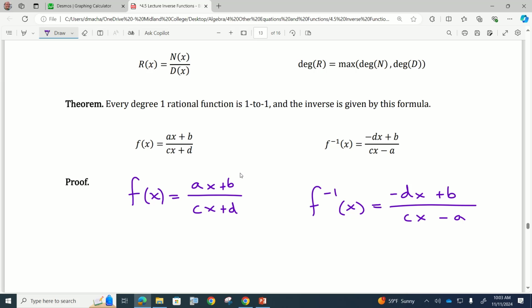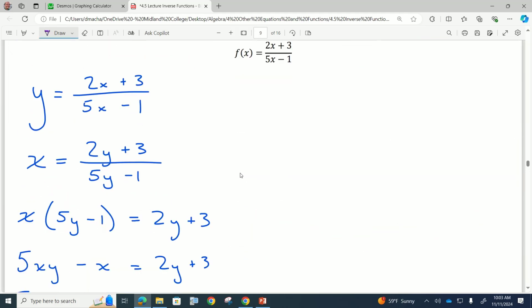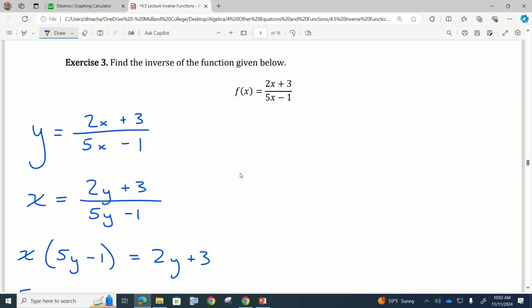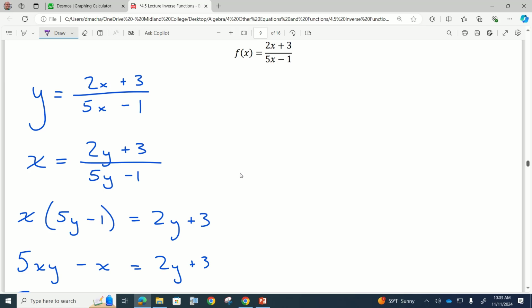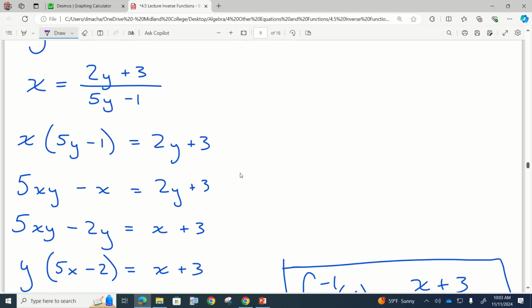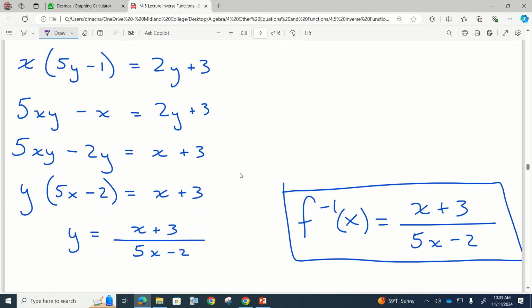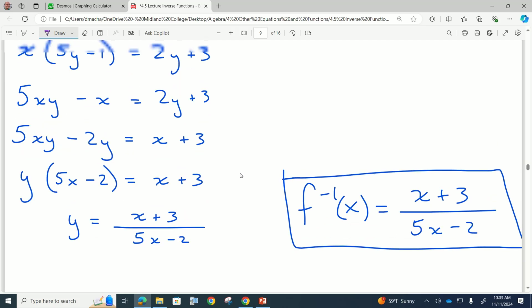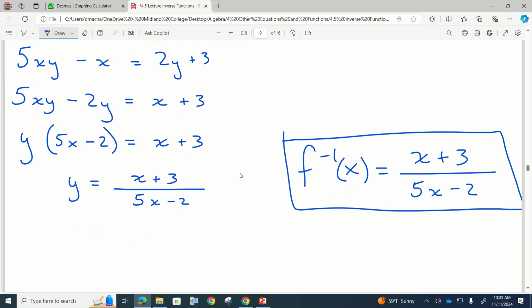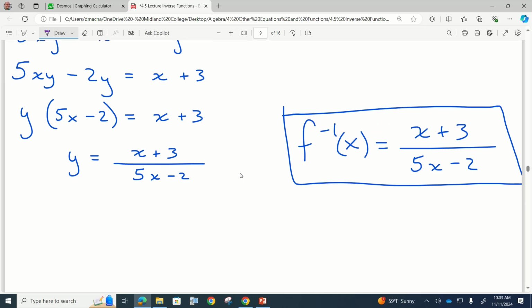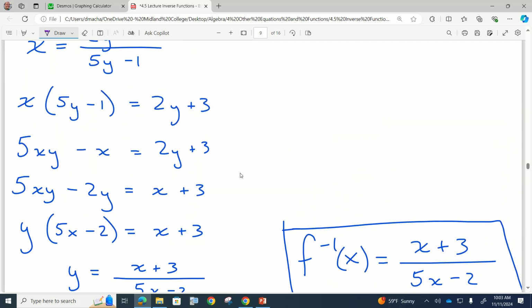Now, if you can manage to remember that, this is the reason it's such a great shortcut. Because the longest, most difficult problem we worked today in lecture was this one, right? We had to swap the x and the y, multiply by the denominator, expand the left side, rearrange the terms so that we collected all the y terms on the left side, factor out a y, and then divide. This is the problem that I see most missed on the test I'm about to give on Wednesday. It's a long problem, like 6 steps.